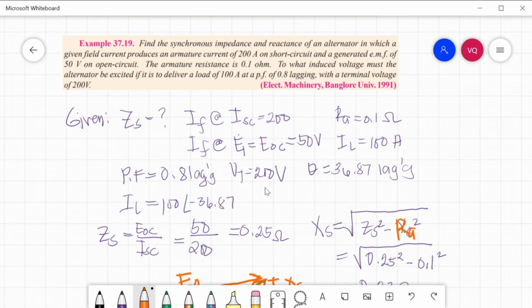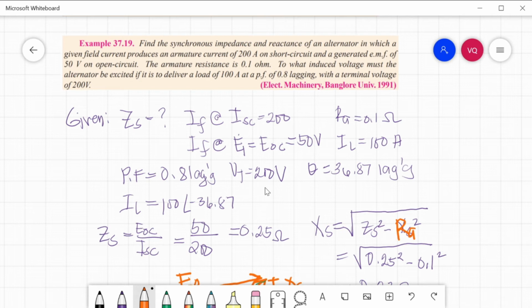The drop in our resistance is in phase with our current, so that is IRA. And the IXS is 90 degrees with respect to IRA. The sum of IRA and IXS is equal to I times the synchronous impedance.